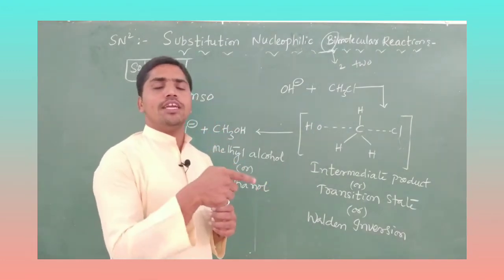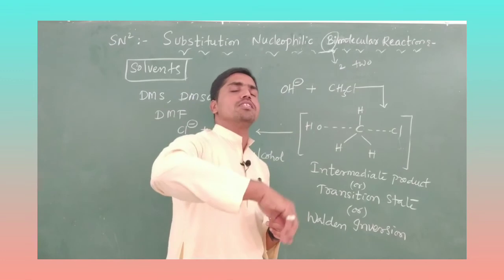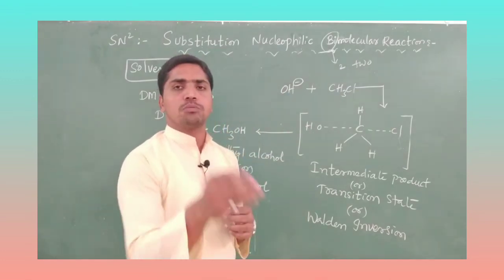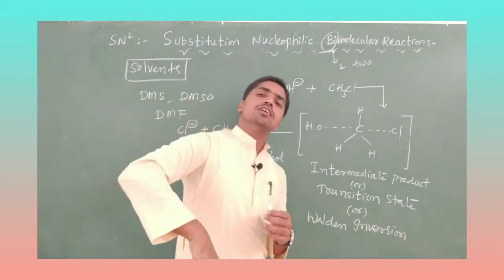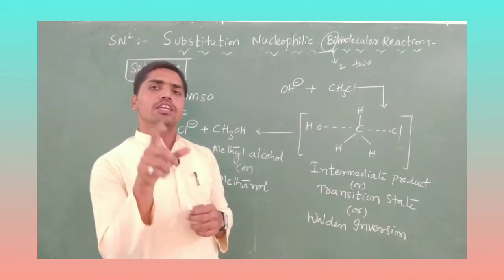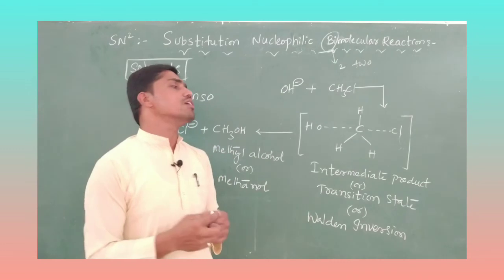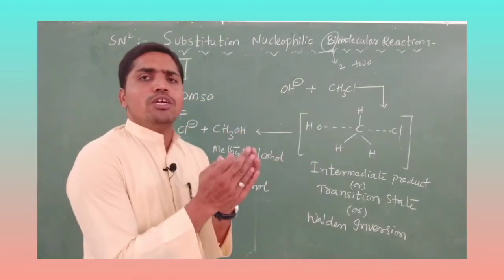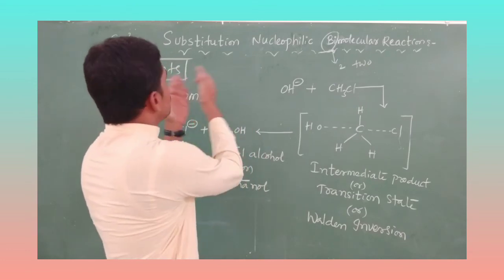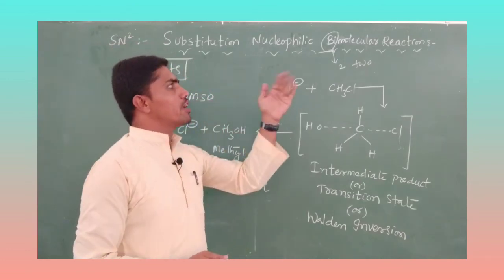It means the bond between carbon and chloride is breaking, while the bond between carbon and the nucleophile, OH, is being made. So this is the simple information about the substitution nucleophilic bimolecular reaction.